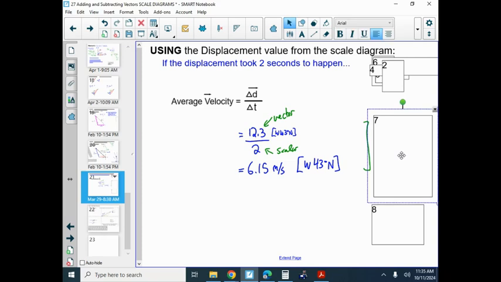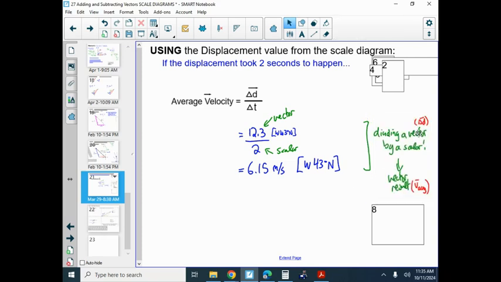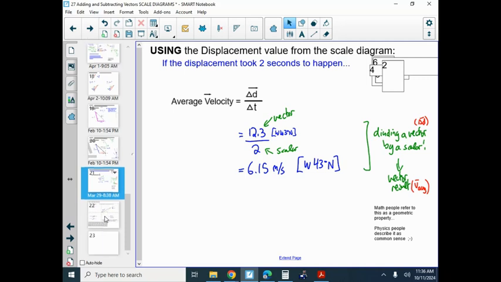I want to point out that dividing a vector by a scalar is defined in math textbooks as a process that works. You get a vector result. That's defined as a vector property. In physics, we just think of it as common sense, right? We're dividing the displacement by the time, so we get a velocity that's going to be in the same direction as the displacement, of course, because that's what we calculated. We understand the meaning of what we're doing, so we don't have to think of it as abstract definitions. It just makes sense.